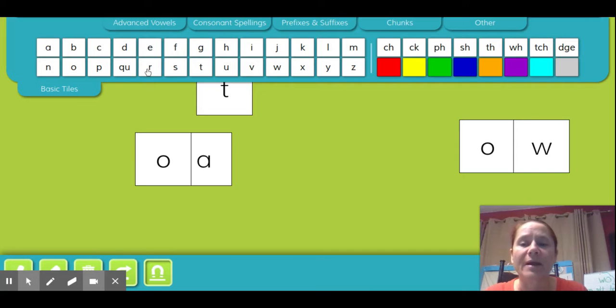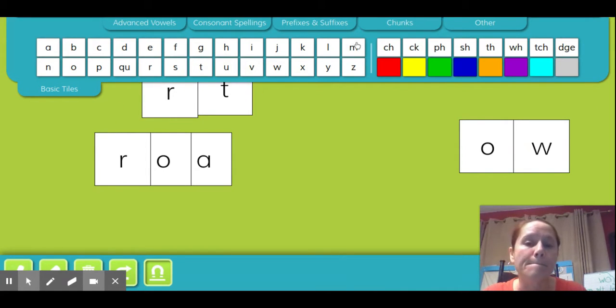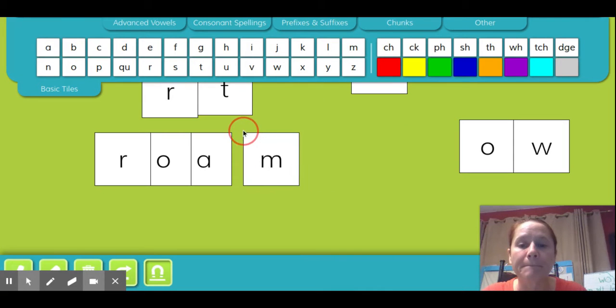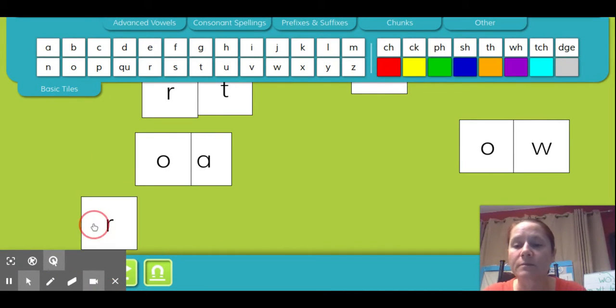Okay. So I have my O and I'm picking my M. So I have Rome. Good job. Okay, I'm going to get rid of my M and my R. And let's do another one, boys and girls.